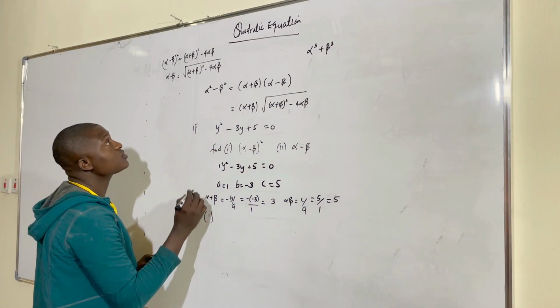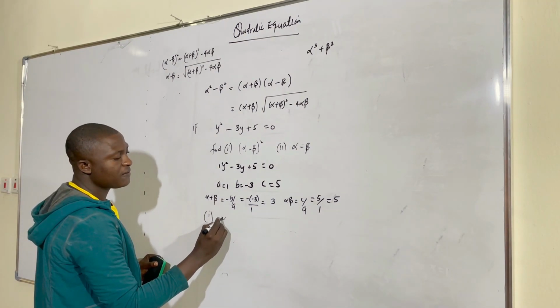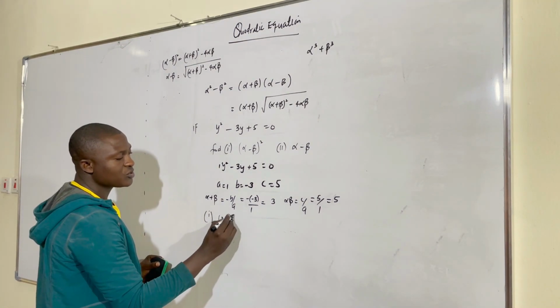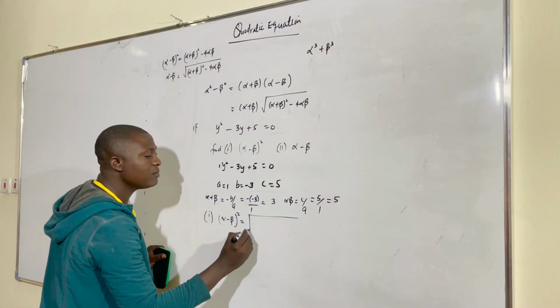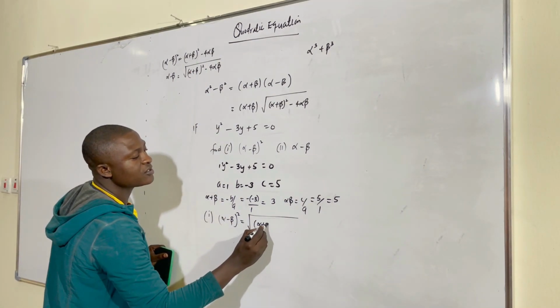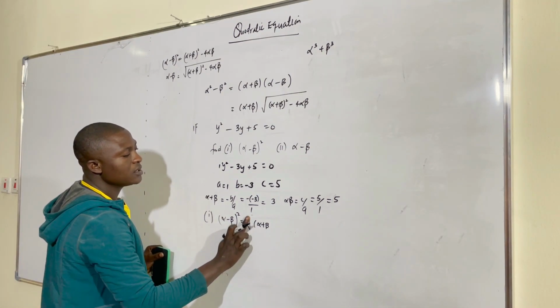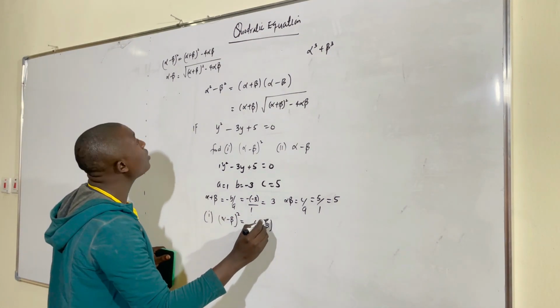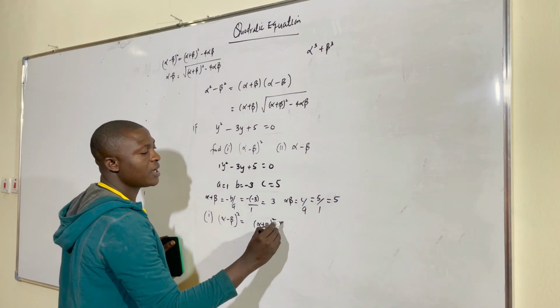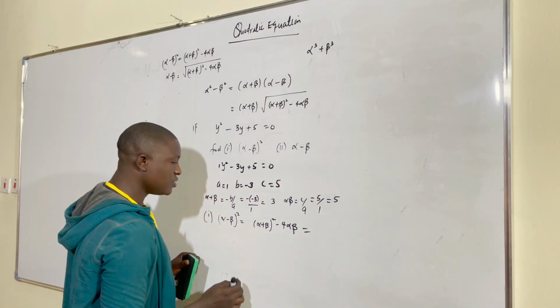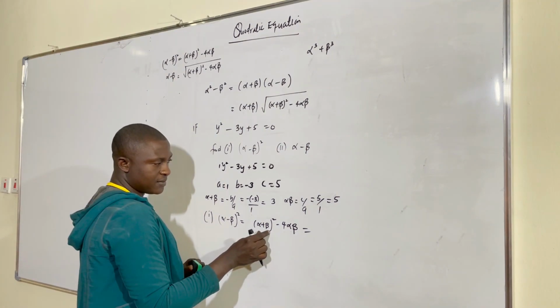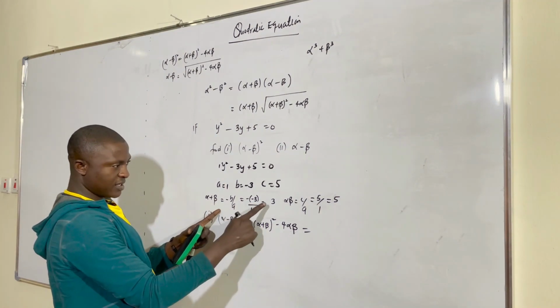Now we are asked to find alpha minus beta whole squared. We derived the formula and proved that this is nothing but alpha plus beta all squared minus 4 alpha beta. So now let's substitute. My alpha plus beta, look at it here, I have it to be 3.